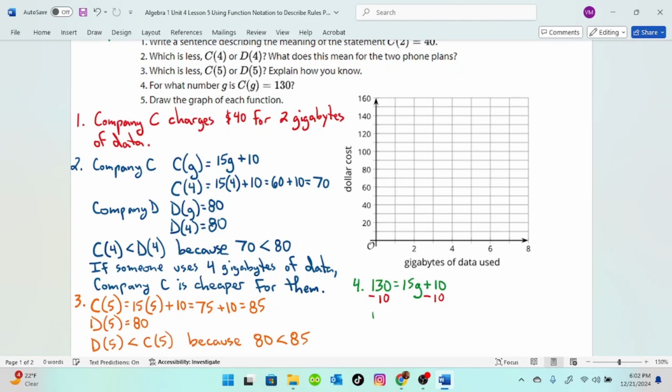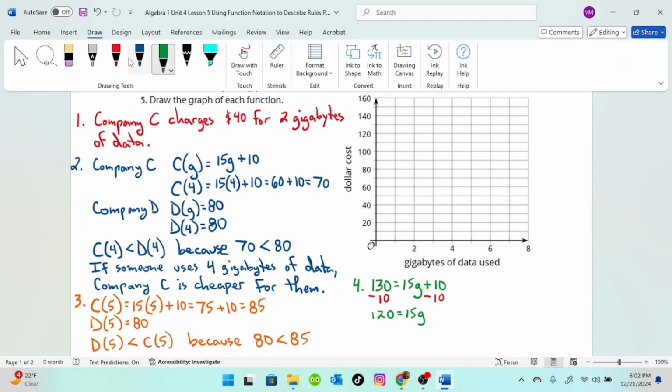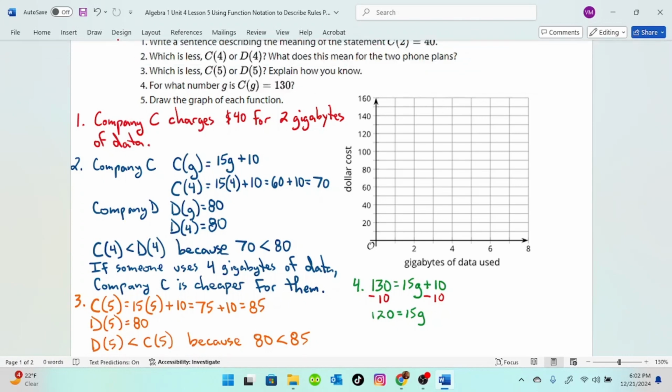130 minus 10 is 120 equals 15g. Now I need to get rid of that 15. The opposite of 15 times g is dividing by 15. And I'm going to do it to both sides to keep it equal.